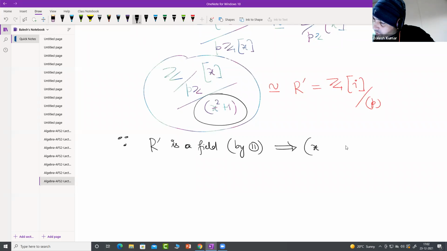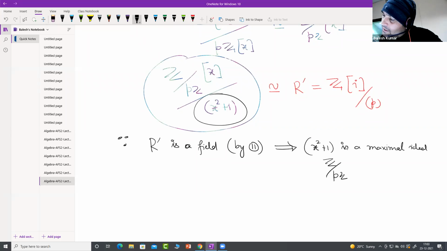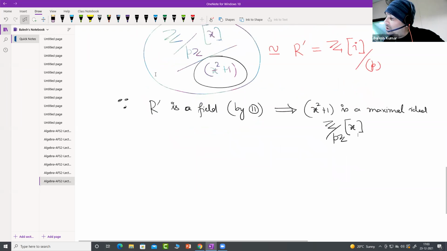Now I think the proof is again a routine argument that we have given just above: Z mod pZ is a field, so Z mod pZ of x is a PID. And therefore, in a PID, maximal ideals correspond to irreducible elements.